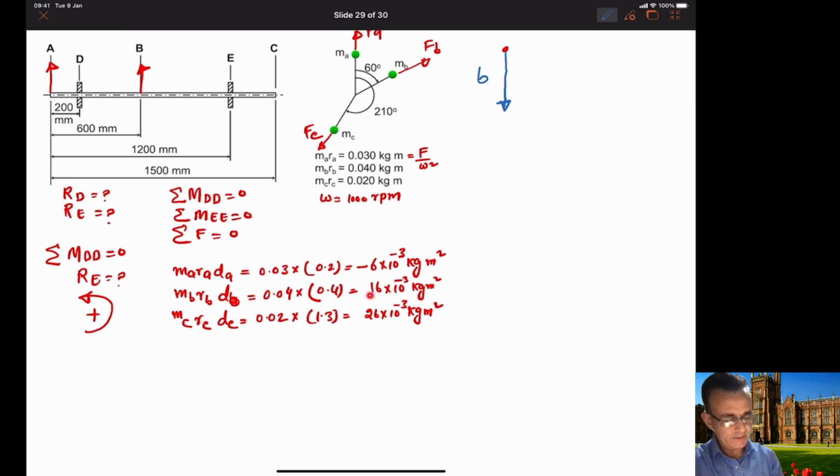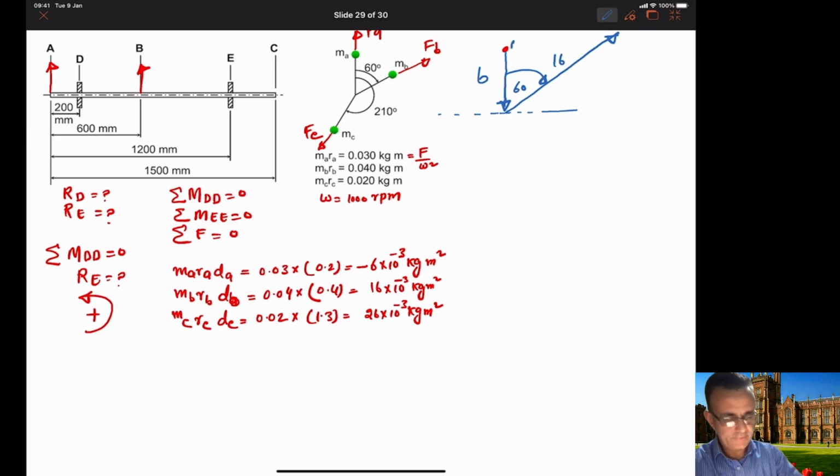And similarly, then you have the MBRBDB, which is 16, and this is positive, so this means that it should be in the direction of the force. So if you draw this in this direction here, this is 16, and this angle should be 60 here, and the magnitude of this should be 16.